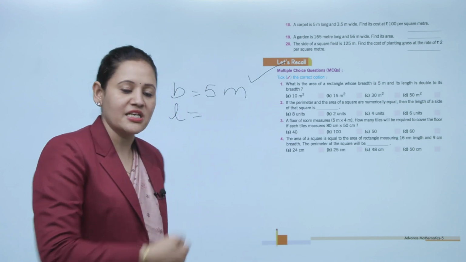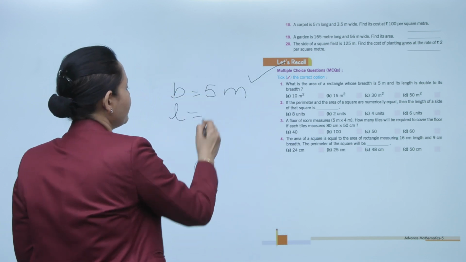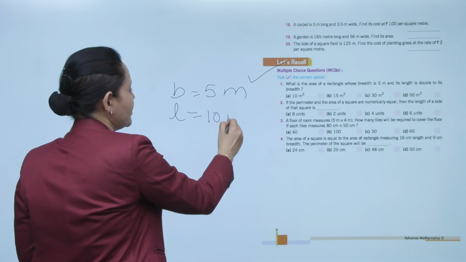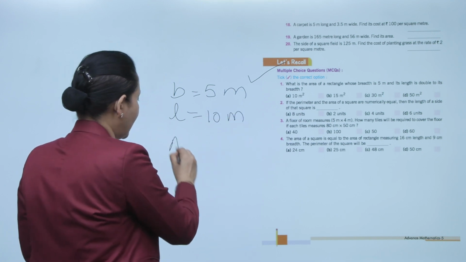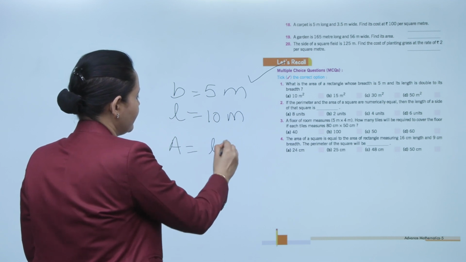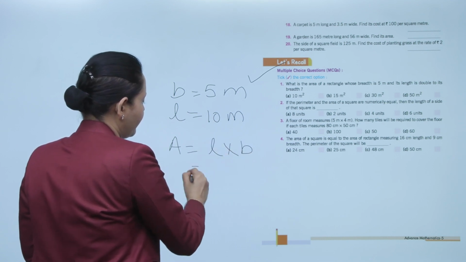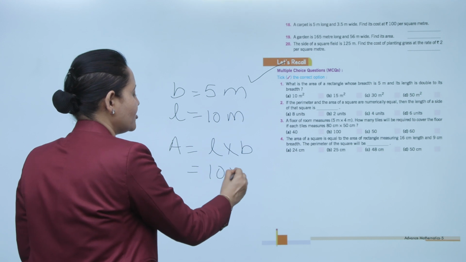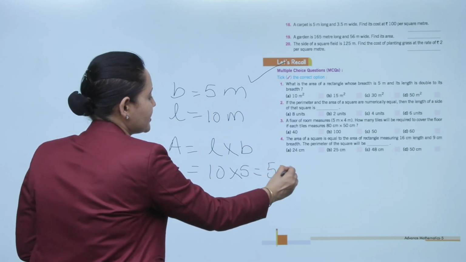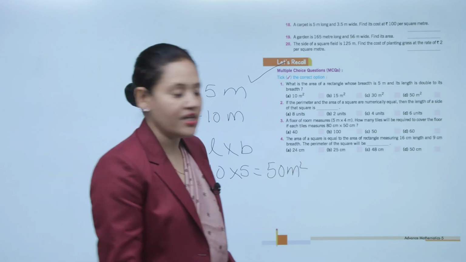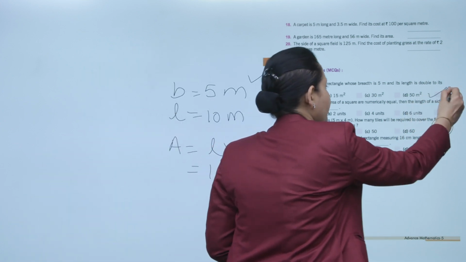Breadth is 5 meter, double हो जाएगा 5 into 2, that is 10 meter. Clear? So area is L into B, that is 10 into 5, means 50 square meter. So here D is the correct option.